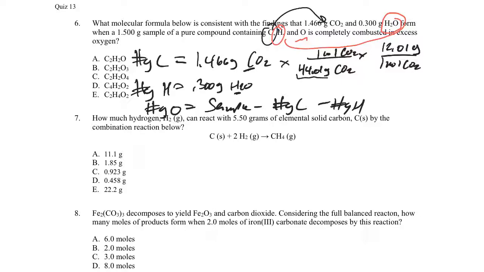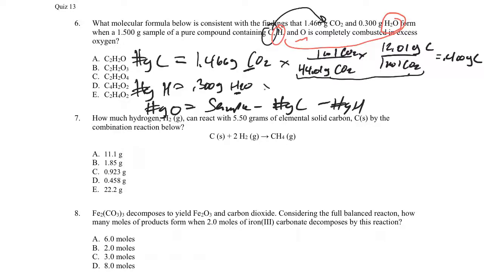You can write this out a variety of ways, but that's all that we're doing here. We convert grams to moles of CO2, moles of CO2 to however much mass of carbon is present within that mole. Okay, and so we work this out, 1.466 divided by 44.01 times 12.01 gives us a mass of 0.400. So that's our carbon mass.